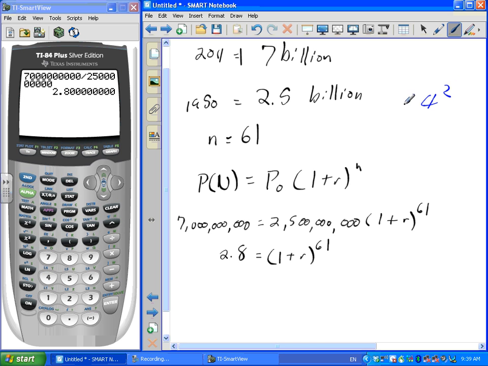I'd put the square root, so that's a root with a number 2 here. So if I have 61, what would the opposite of that be? Not the square root, but the 61st root of a number. So what I need to do is find the 61st root of both sides of this equation.